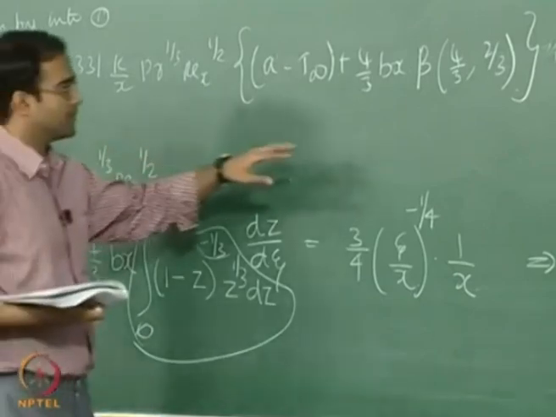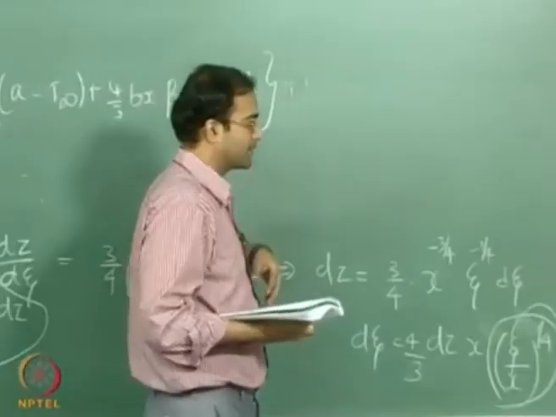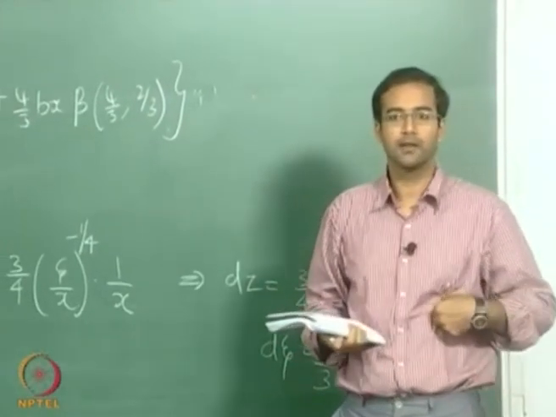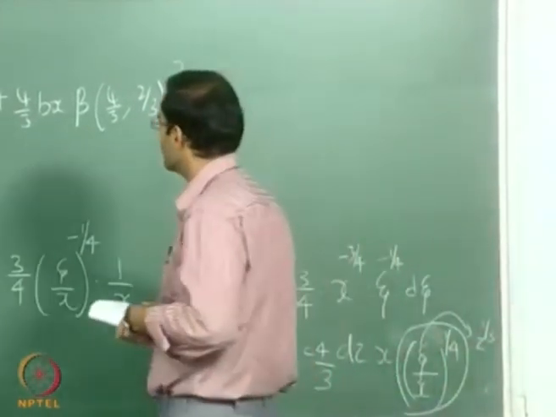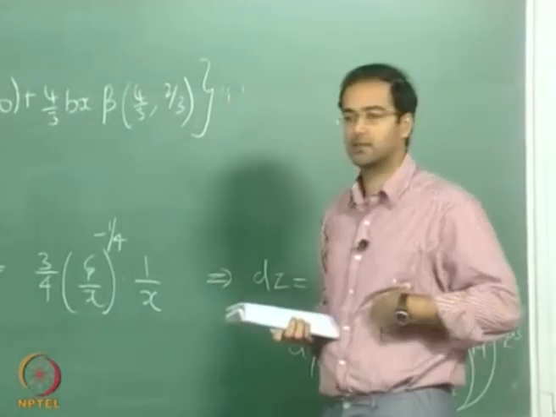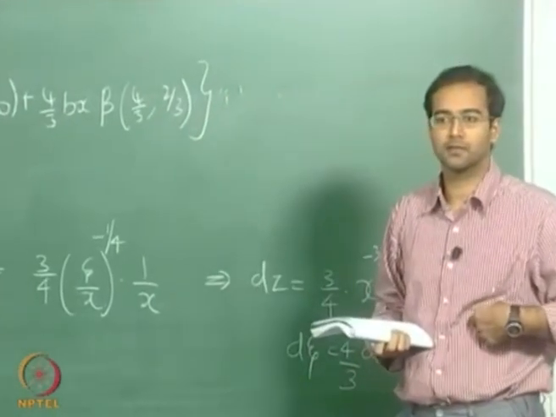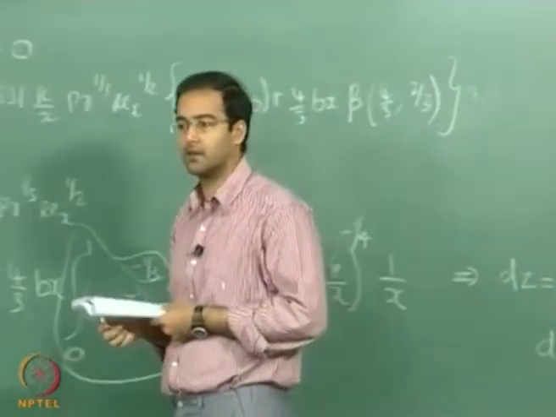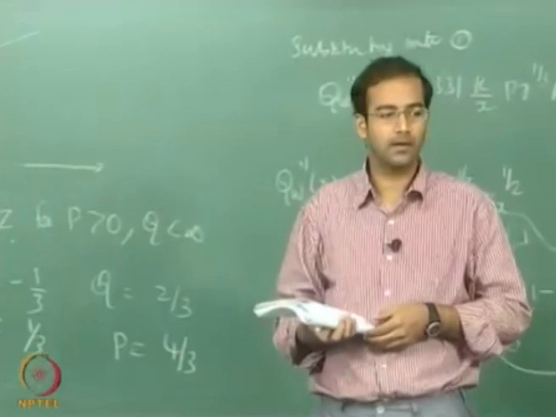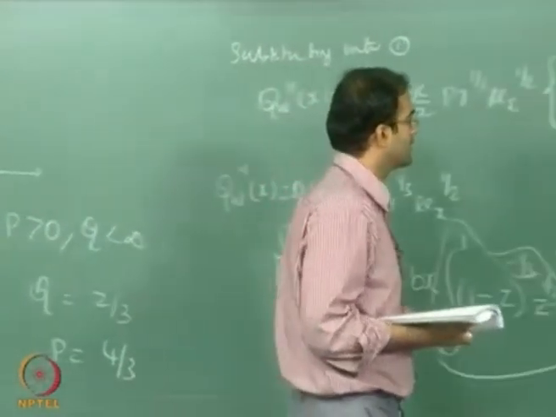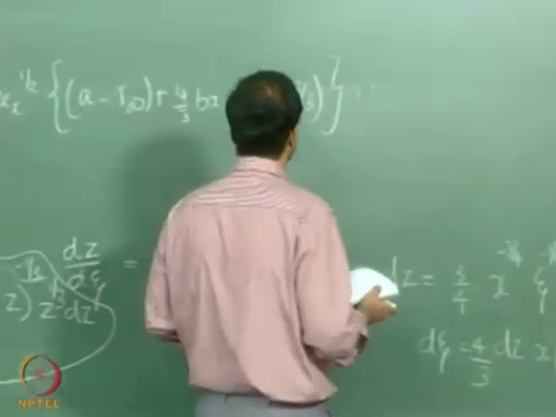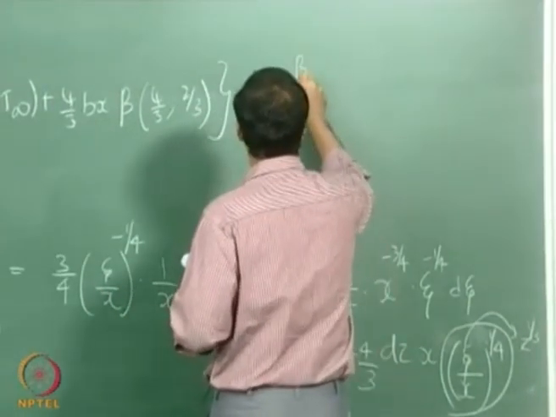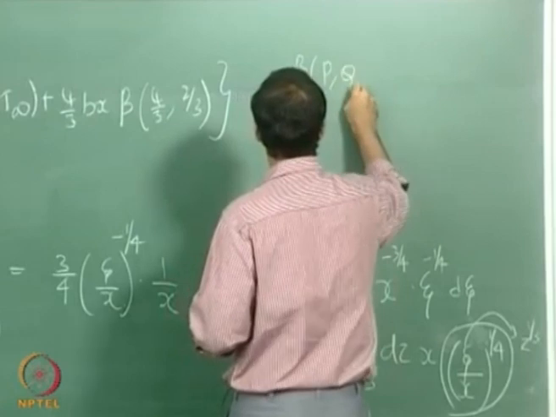And why do we need to write this in terms of the beta function? Because the beta functions are tabulated. In fact, very specifically the beta function itself can be expressed in terms of another function called the gamma function, and gamma function tables are quite common. They are tabulated for different values of the function. So we will express the beta function in terms of the gamma function as follows.